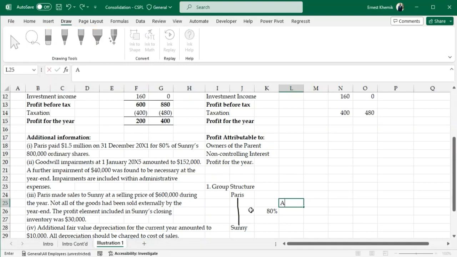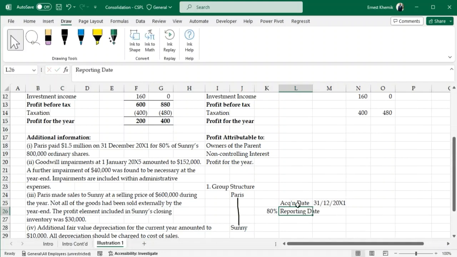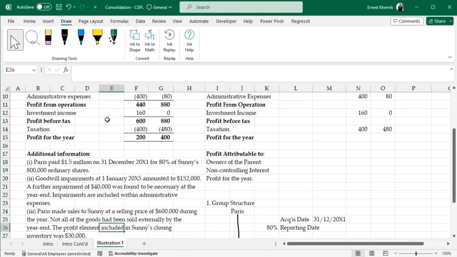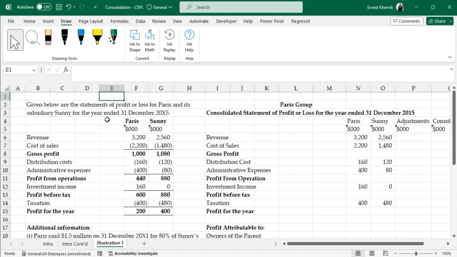So we will have our acquisition date. My acquisition date here was 31st December 20x1, and then the reporting date. As I said before, reporting dates can be found at two places. First, we can find them on the date of the separate financial statements.